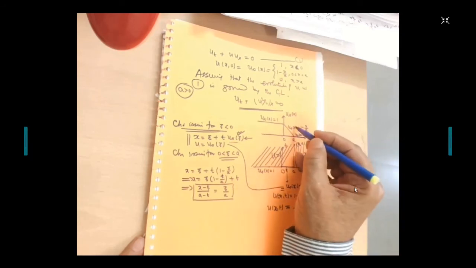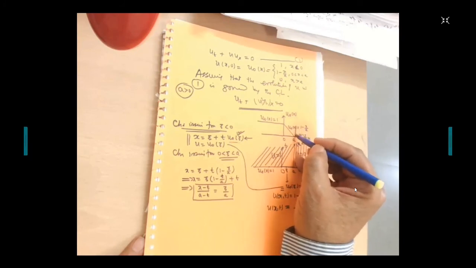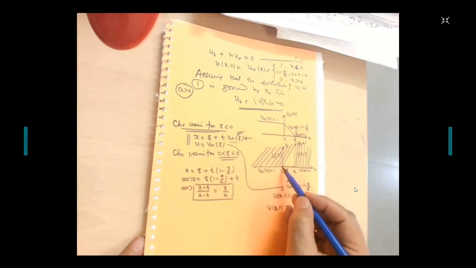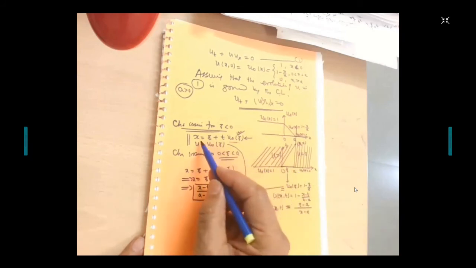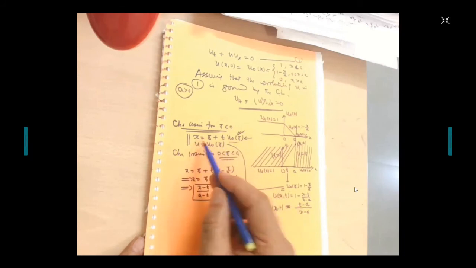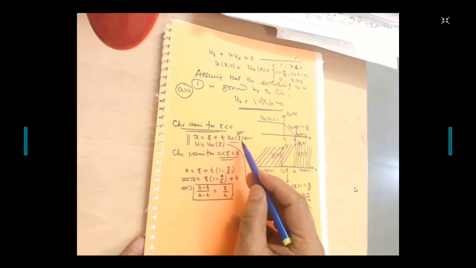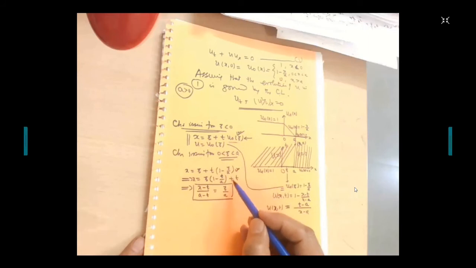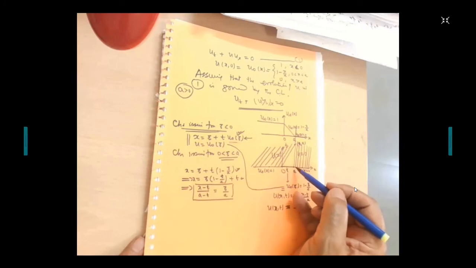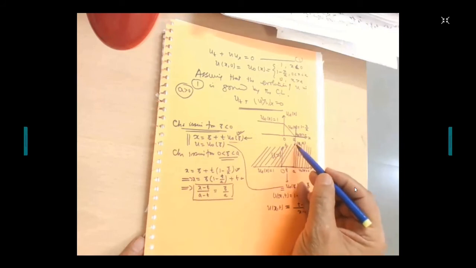So look here, the scenario is somewhat like this. Now what will happen to these characteristics? We have seen that these are the characteristics: x is equal to xi plus t times u naught xi, which we wrote like this. Can you tell me what happens at x is equal to a, t is equal to a?